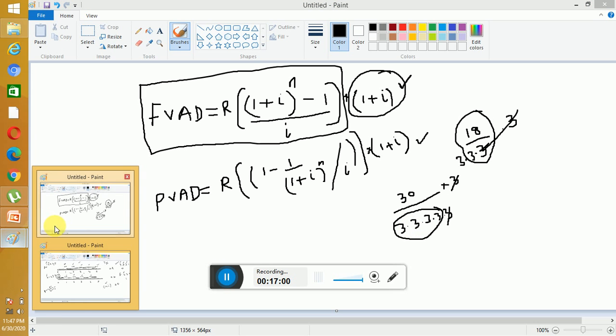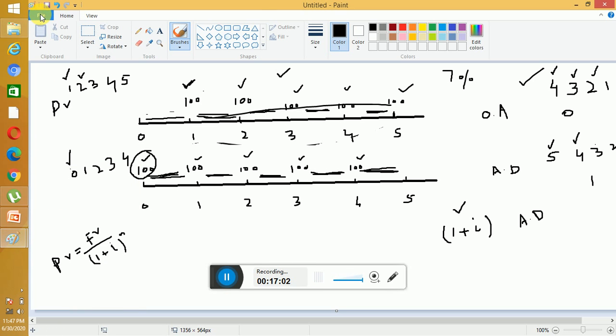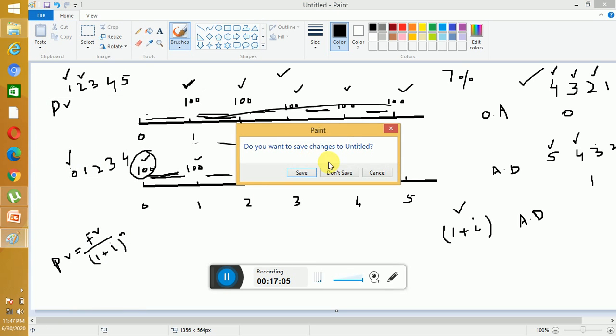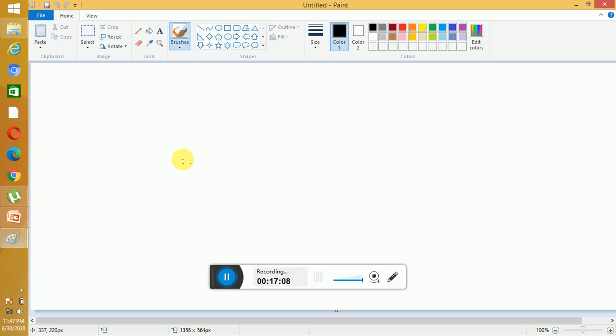Again, look at this. I'm telling you that there will be one less discounting. This is ordinary annuity. Suppose we have 30 and discounting was 5 times, so we will divide it by 3, 3, 3, 3 and 3.